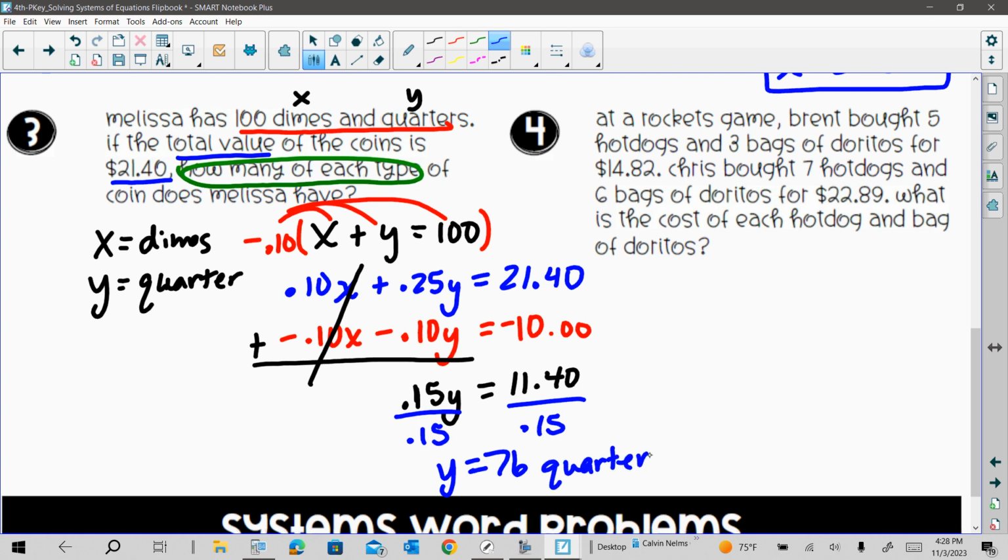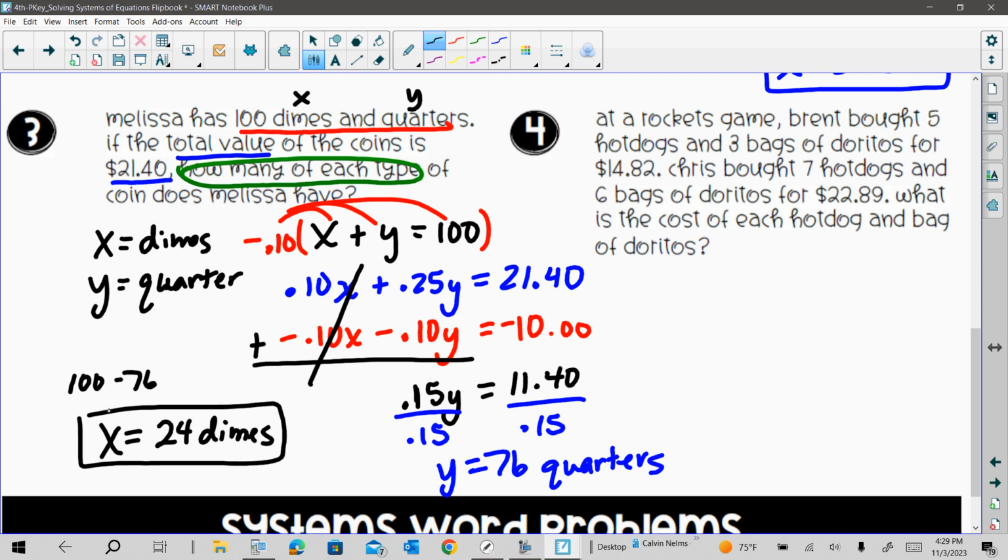And if I had 76 quarters and I know I had a total of 100, that lets me know 100 minus 76. I'm just going to write it over here. There would have to be 24 dimes. I just did 100 minus 76. So there's our dimes, they wanted of each, and here is our quarters. So you're going to have one similar to this to do on your mixed practice.